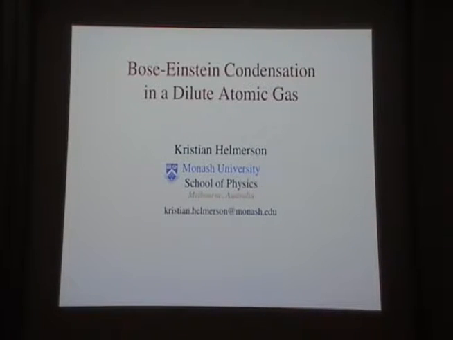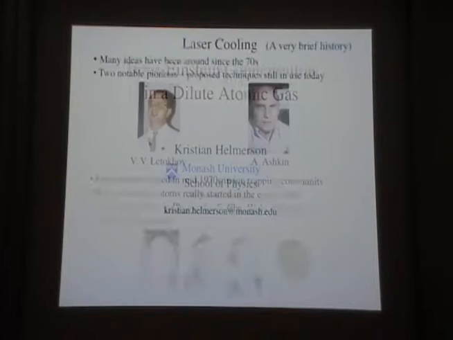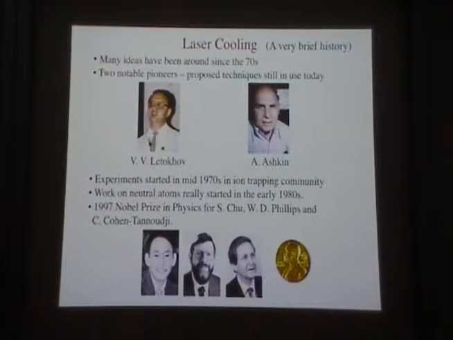But before I do that, I do want to take one step back to the lectures from 2 days ago. It was pointed out to me that my brief history of laser cooling was perhaps a little too brief, and I agree, it was quite brief. I did mention that many ideas were floating around or developed since the 1970s. What I should have mentioned is that there were basically two notable pioneers in the 70s.